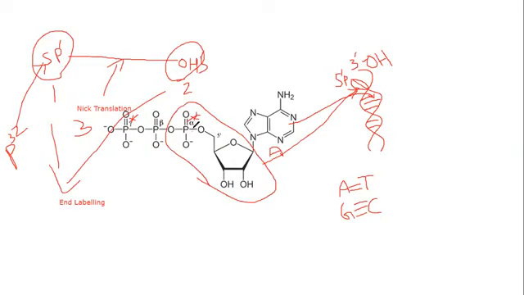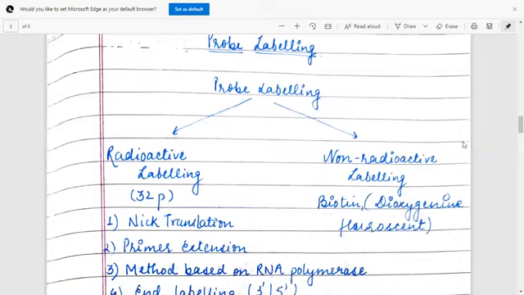So this should be labeled. We will discuss how it is going to be incorporated in between, and all the DNA strand can also be labeled. So there are various ways of probe labeling.